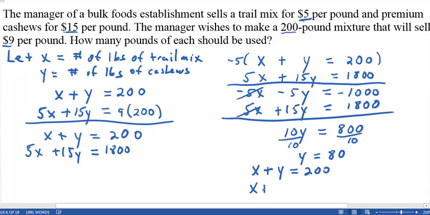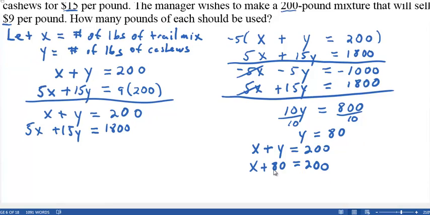So x plus 80 equals 200. So now I'm going to subtract 80 from both sides. So x would equal 120. So we have 120 pounds of trail mix and 80 pounds of cashews.